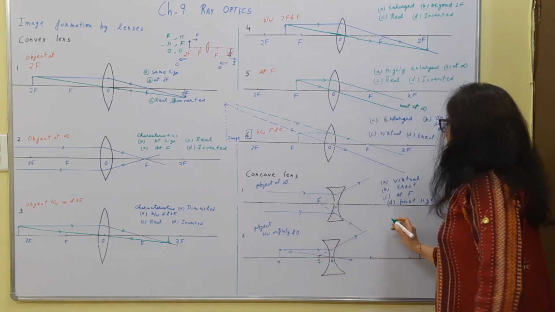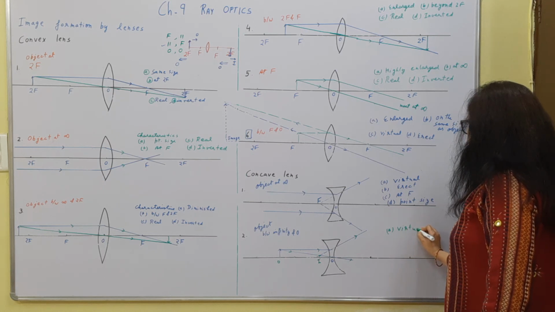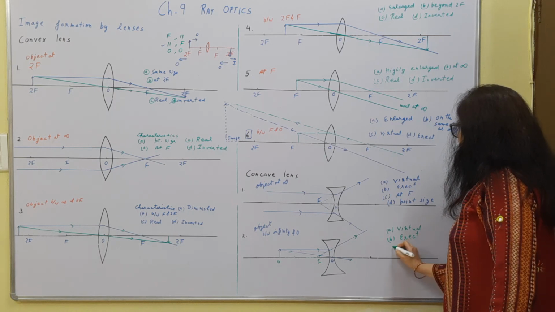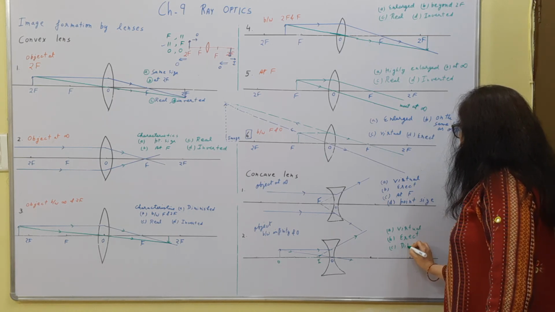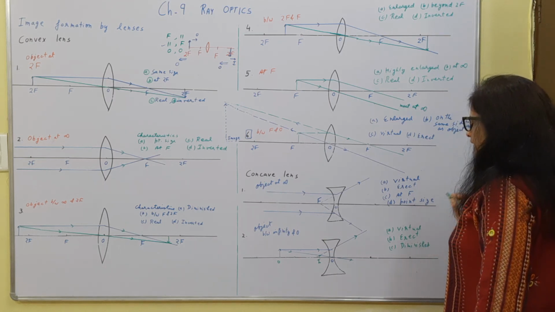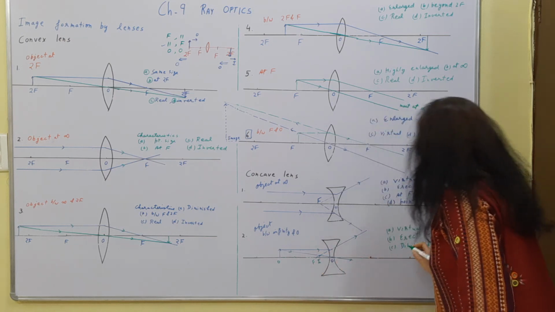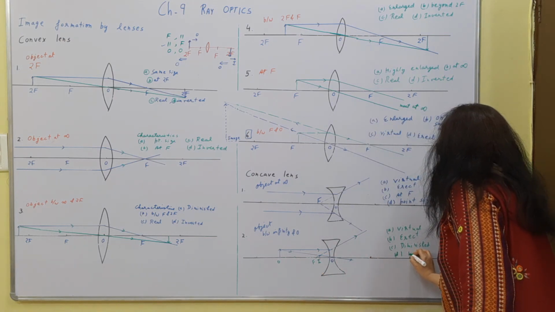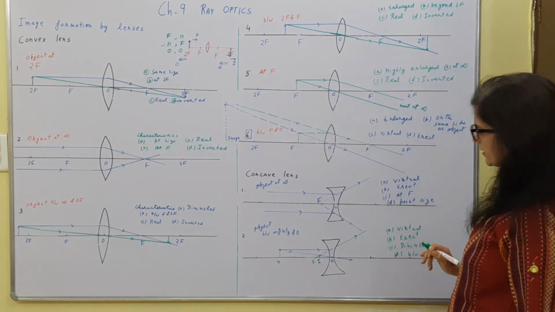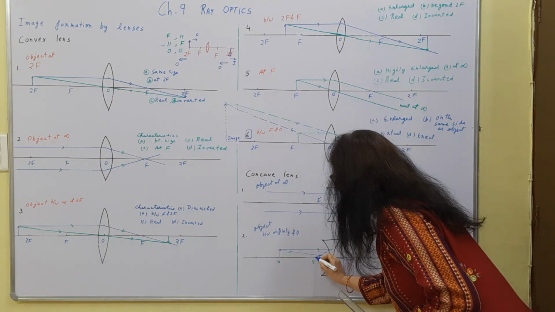So you can say it is virtual, erect, diminished, and between F and optical center.